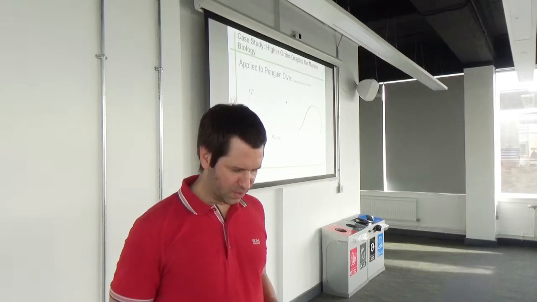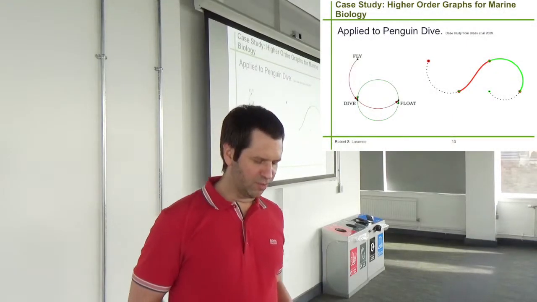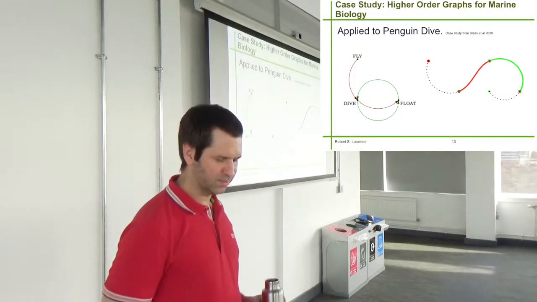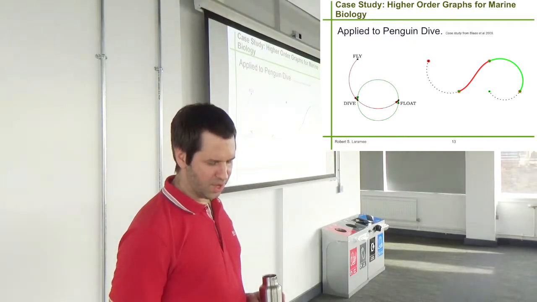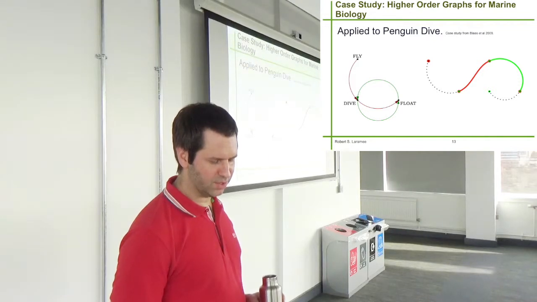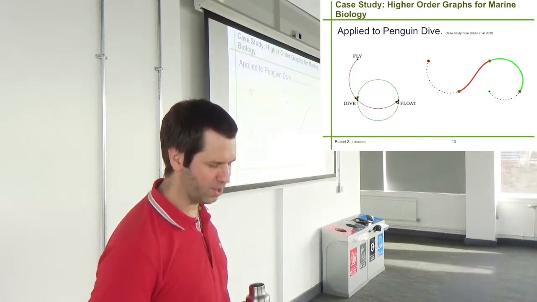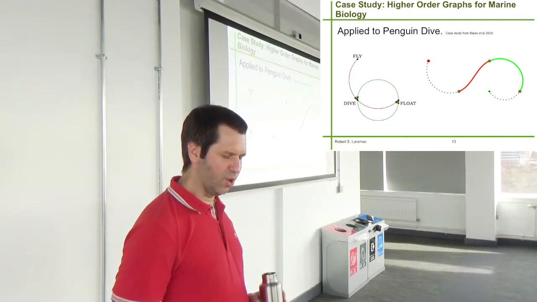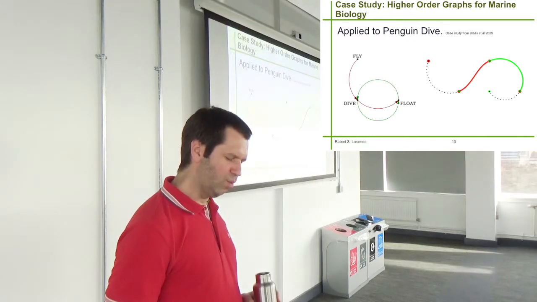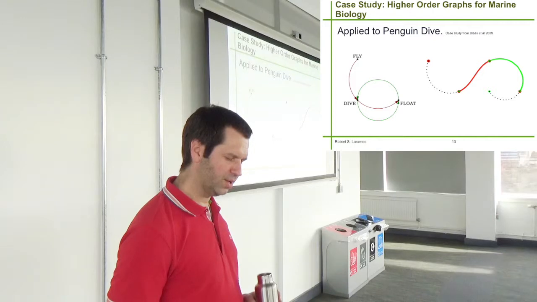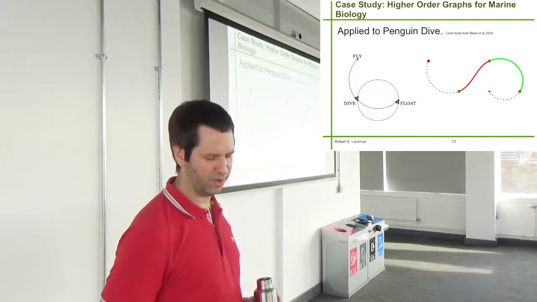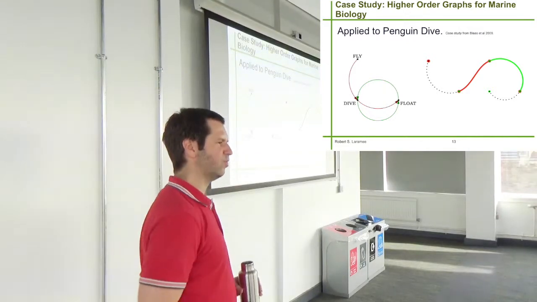And yeah, this has actually been applied to real data. So in this example, if we're looking at some marine biology, imagine a penguin in the state of floating. Prior to the state of floating, the penguin could be in a dive state or a fly state. Maybe that's not such a good example because I don't think penguins can fly.